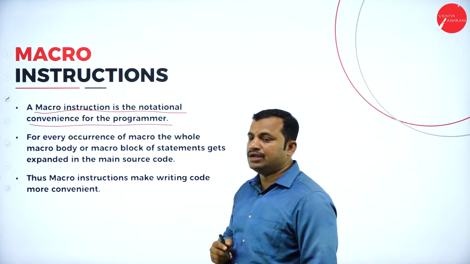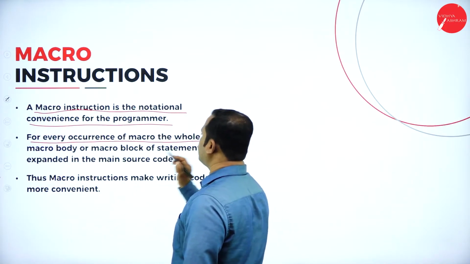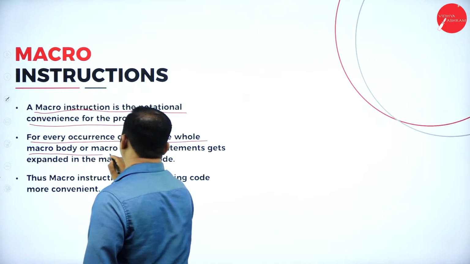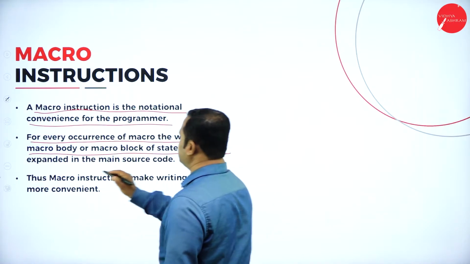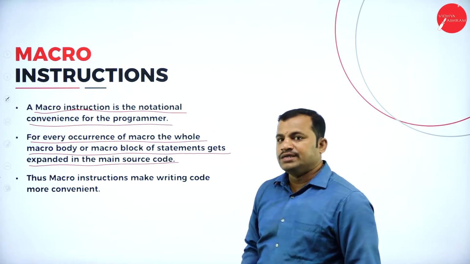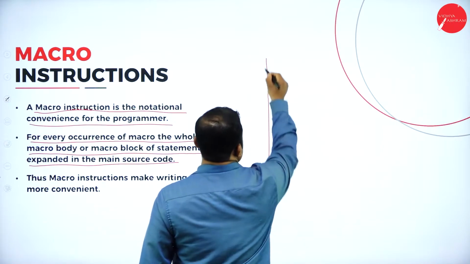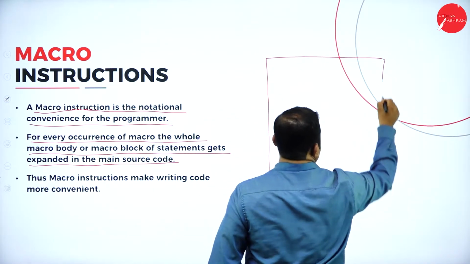Let me take you into the details of it. Every occurrence of the macro in the whole macro body or macro block of statements gets expanded in the main source code. As you all know, let me write down the program segment.